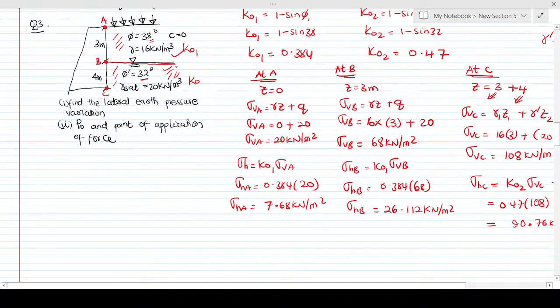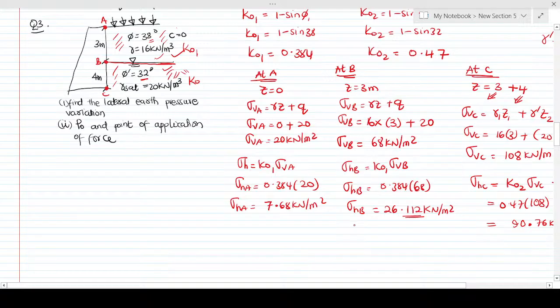And so at B, there are going to be two force scenarios. One as a result of this layer of soil and one as a result of the other layer of soil. What we calculated so far is as a result of this layer, and so we used the K not one of this soil to find it.